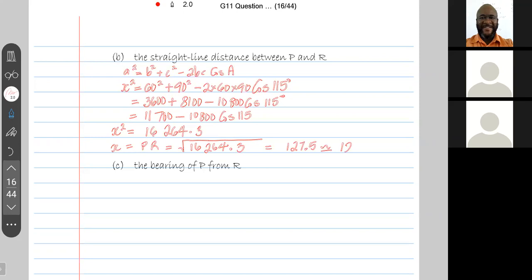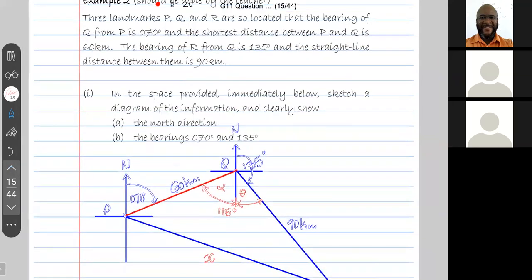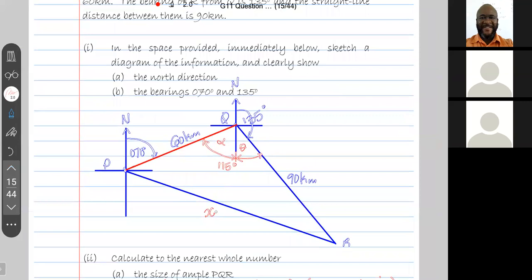It's 128 kilometers. The distance between P and R is 128 kilometers. So this distance is 128 kilometers.